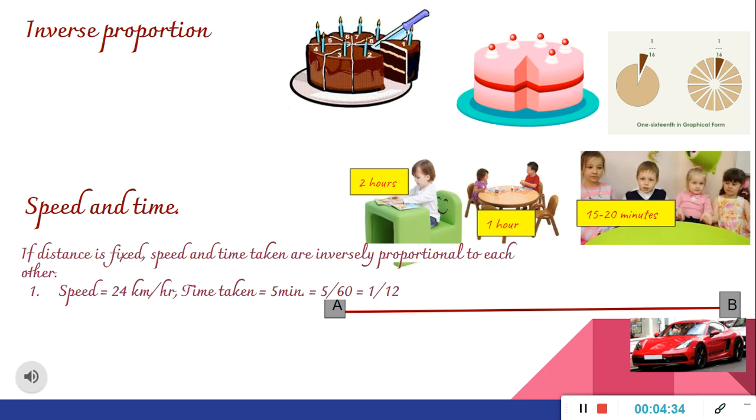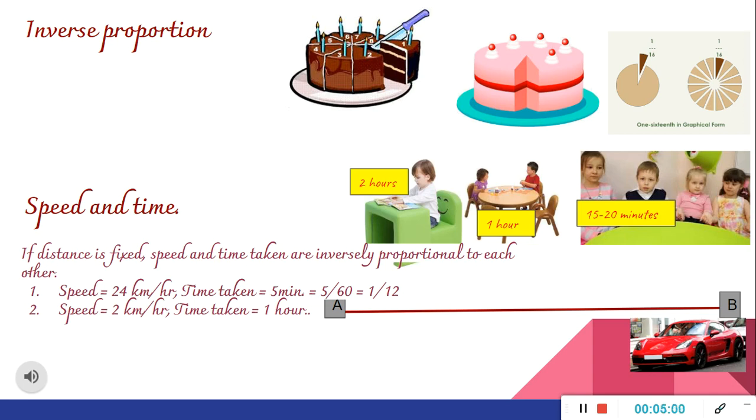Now a car traveling with a lesser speed we can consider as case 2. So this time in case 2, the value of speed is 2 km per hour. Here the speed is lesser. The car is going slowly, therefore the time taken is more. So this time in case 2, the time taken to cover the same distance AB is 1 hour.